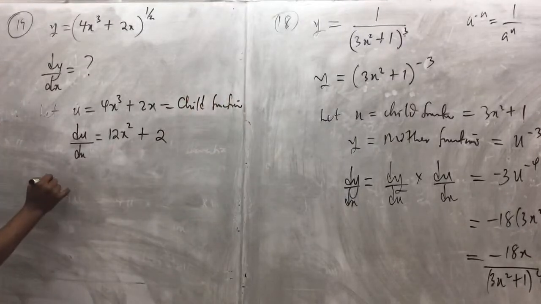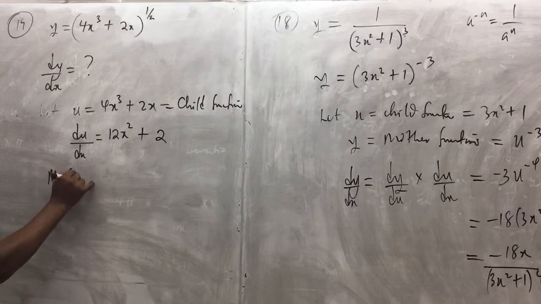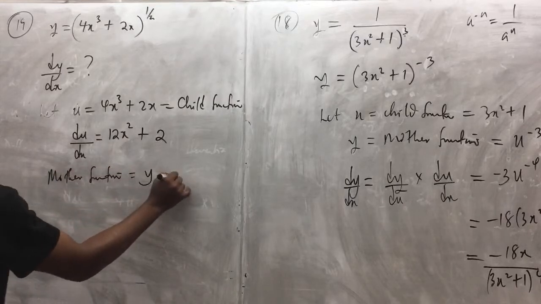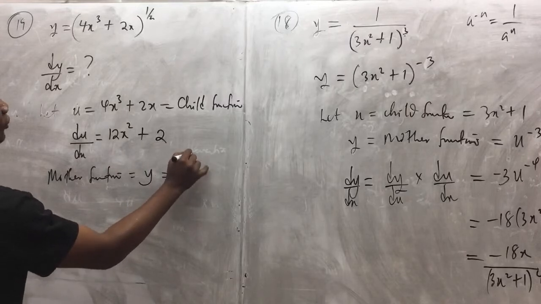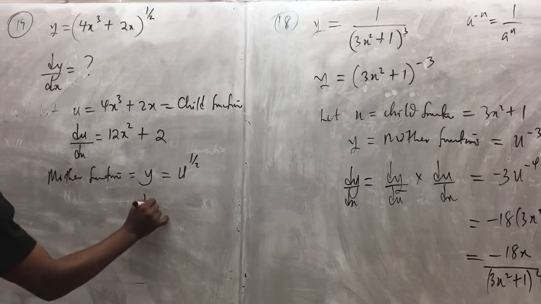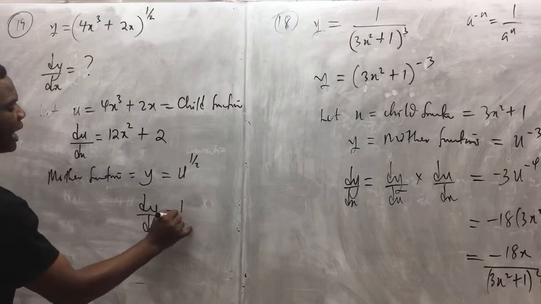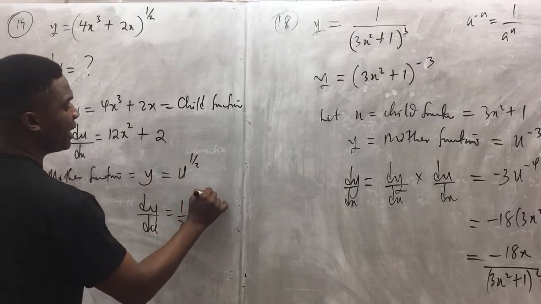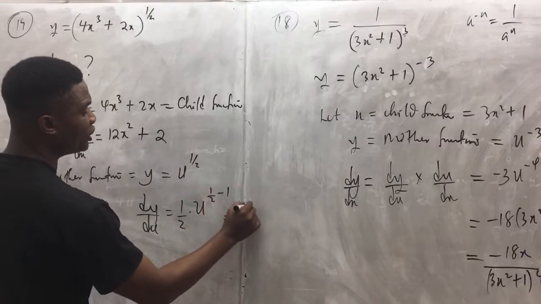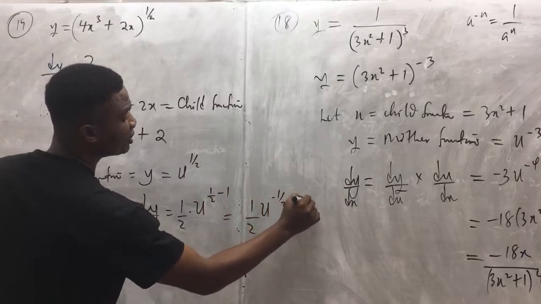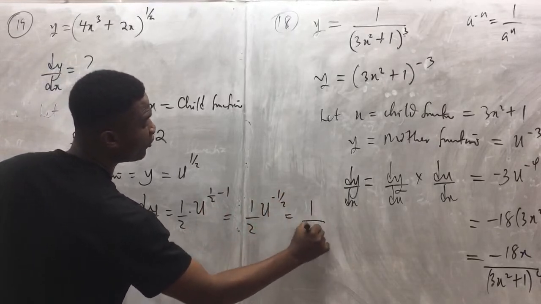Your mother function, in this case, will be y, which is equal to u raised to the power half. So dy/du will be half times u raised to the power half minus 1, which is half u raised to the power minus half, which is 1 over 2 square root of u.